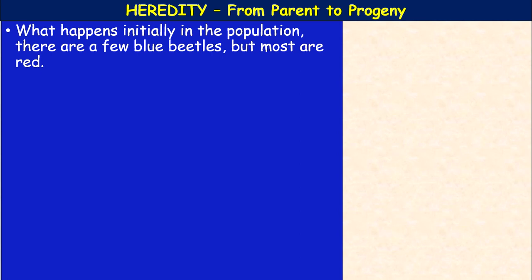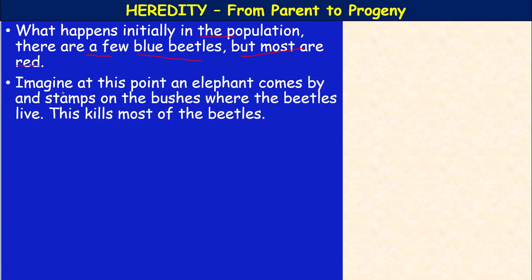Okay. So, what happens initially in the population of these beetles? There are a few blue beetles, but most are red. Okay. Imagine at this point an elephant comes by and stamps on the bushes where the beetles live.